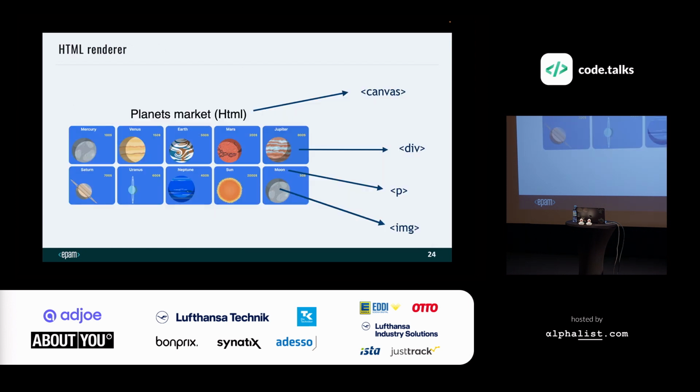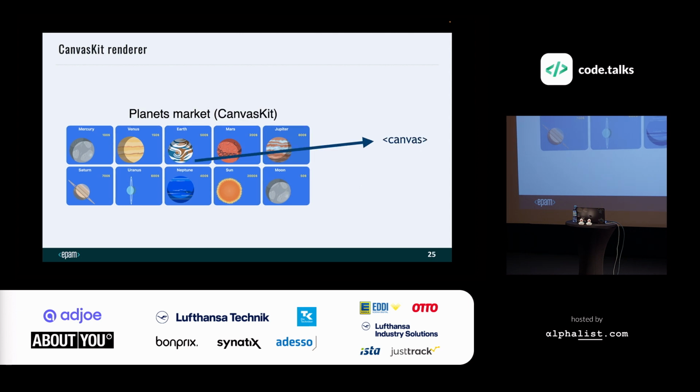So if you take a look at how it looks inside with HTML rendering, you see there is a paragraph for text, a div for the panel, an image for the image, and the text in the title is a little bit more complicated, and Flutter wasn't able to transform it to a paragraph, so it transformed it to a canvas and rendered it as a canvas. If we take a look at the CanvasKit renderer, it will be only one canvas, nothing else.